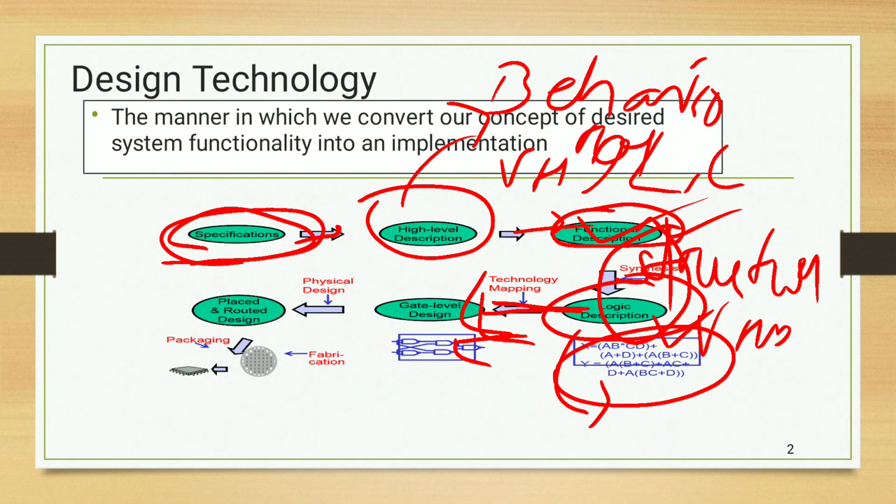In gate level description, the logical description of gates is fabricated on the ICs. Now gate level description to placed and routed design is the physical design.